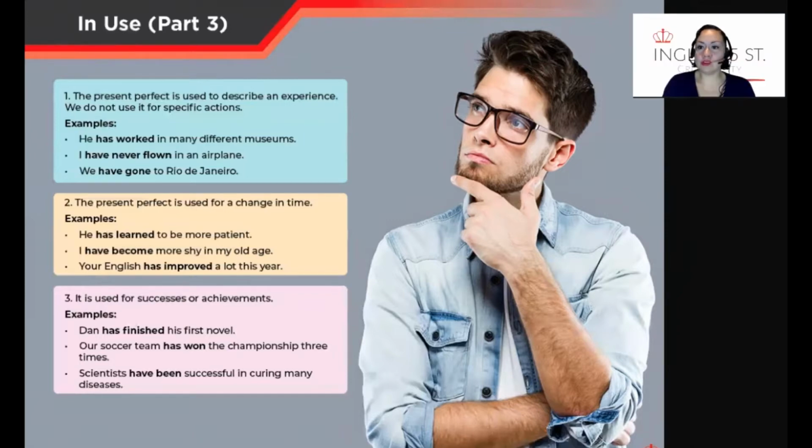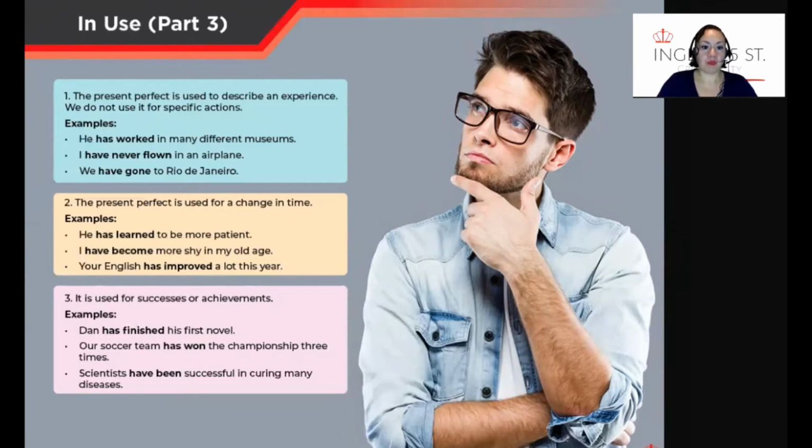So we also use present perfect for changes. Maybe changes in attitude, maybe physically. In the first, he has learned to be more patient. So in the past, I wasn't patient at all. I got desperate very easily, but now through the years, I have learned to be more patient.